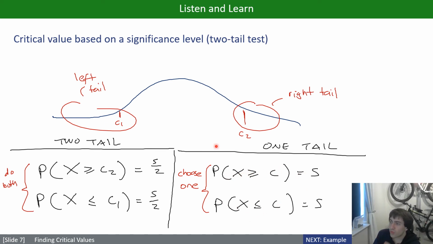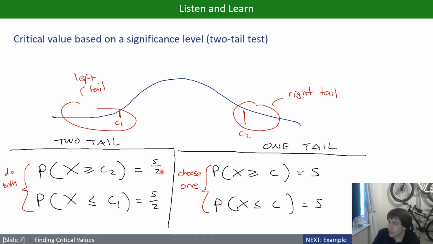Hopefully that makes sense, because in both cases, the total probability of the critical regions adds up to the significance level. Here you take both, and S over 2 plus S over 2 is S. And here you just pick one, and the probability is S. Make sense? That's the only difference really from the process we just did before.